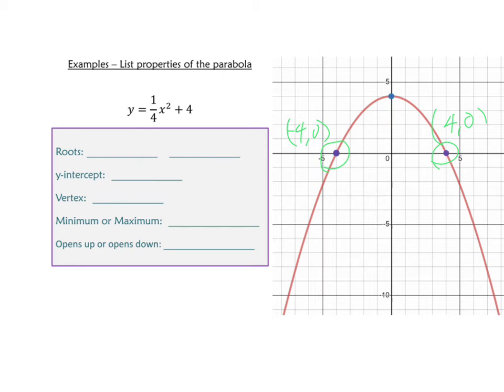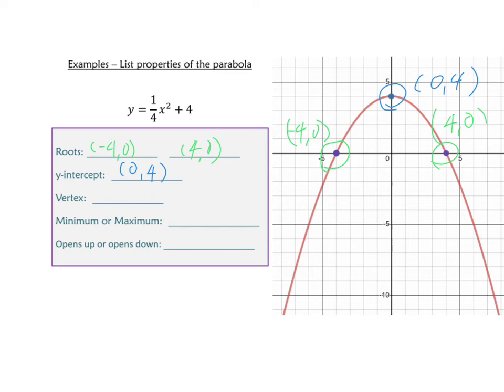So we're going to put that over here, -4, 0, and 4, 0. Y-intercept, right there. What number is that? Well, x is 0, y is 4. But guess what? The y-intercept is also the vertex. It's the very top.